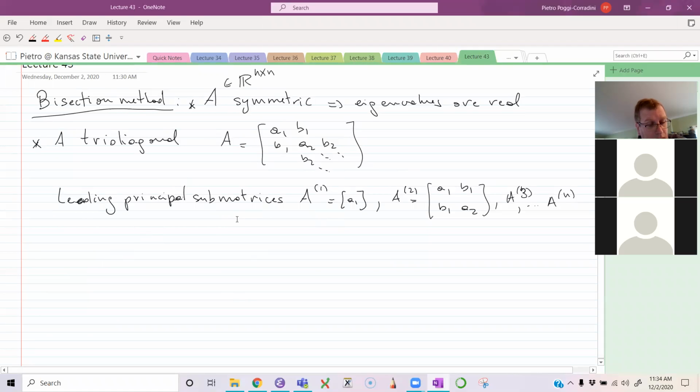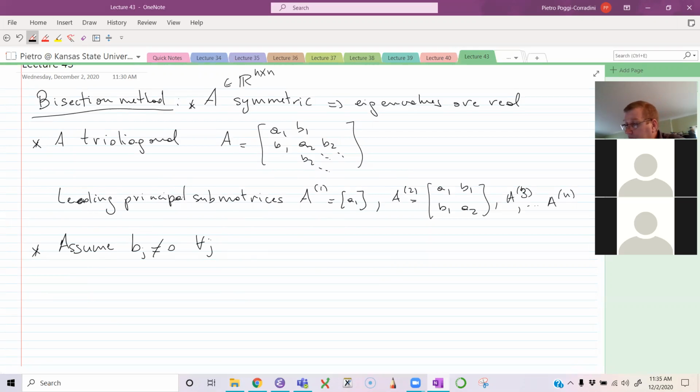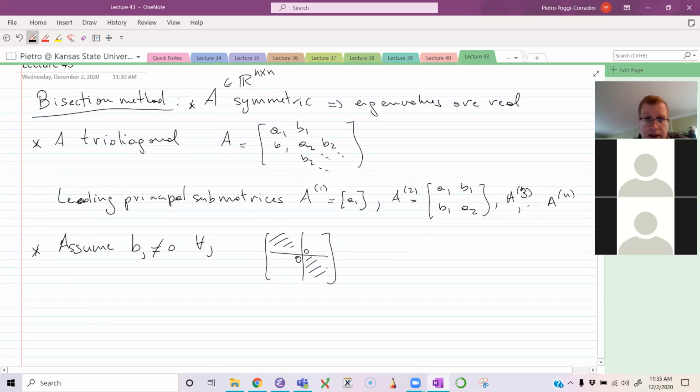Well, now a typical assumption here that we can add is that all of the off-diagonal terms are non-zero. Because if one of them is zero, then you can divide it into two blocks and treat them separately.